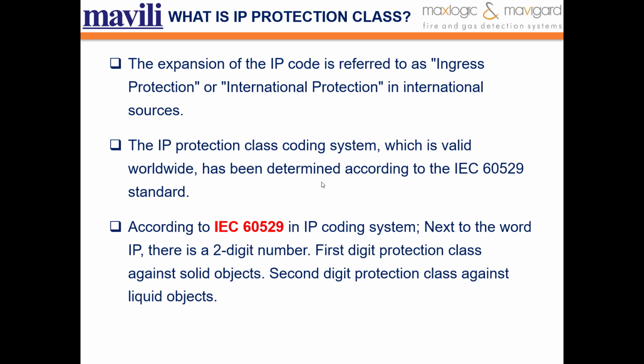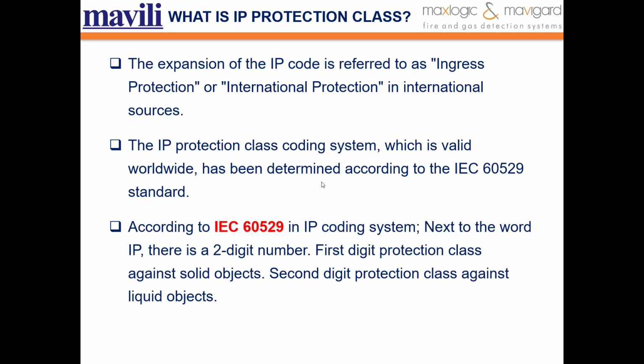According to this standard in the IP coding system, next to the word IP, there is a two-digit number. First digit: protection class against solid objects. Second digit: protection class against liquid objects. And according to the standard, the IP protection coding system has a two-digit number, as I said before.